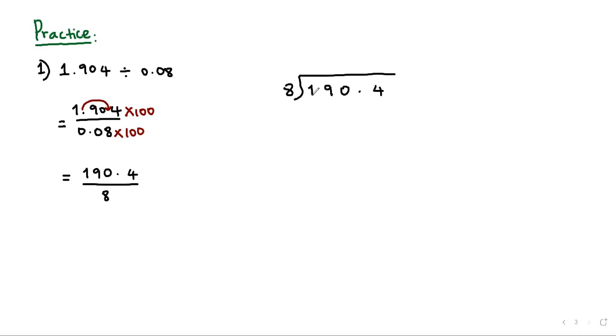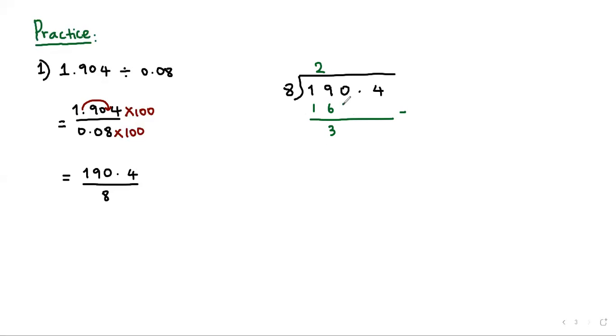So what is 19 divided by 8? 2. Very good. And what is 2 times 8? 16. And when we subtract 16 from 19, what do we have? 3. That's good.